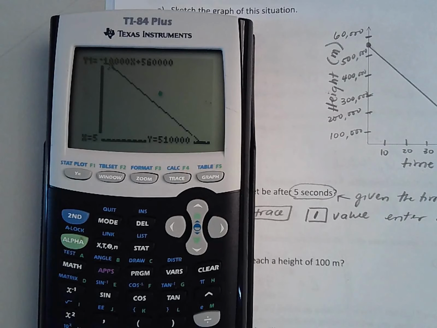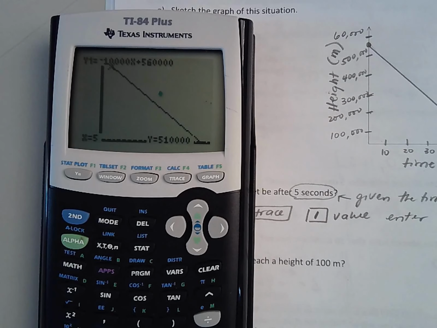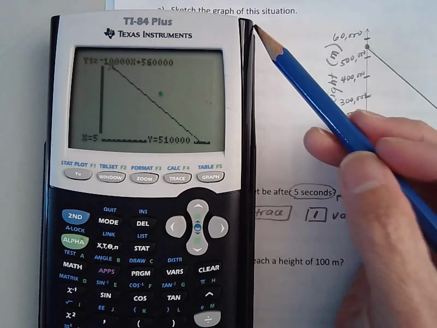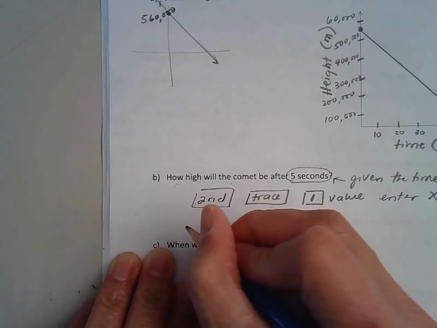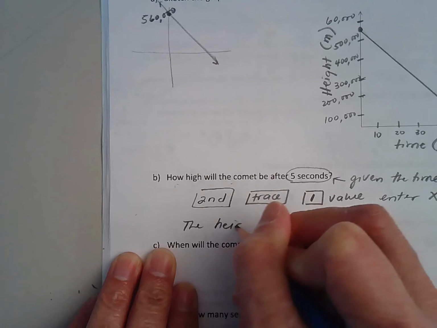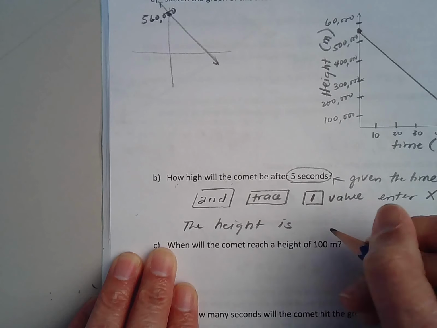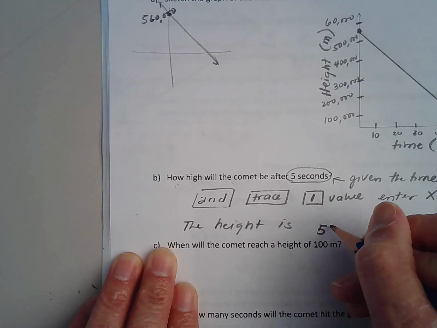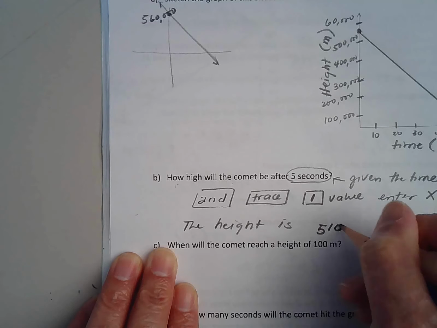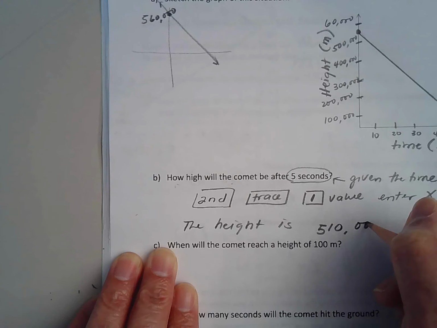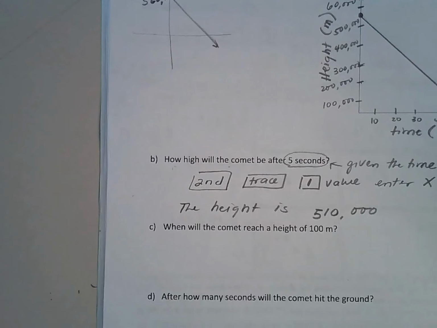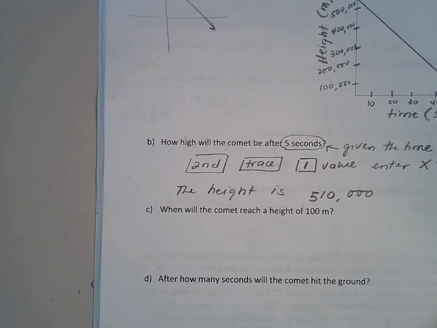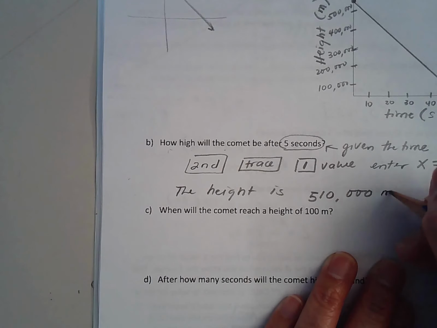Oh, battery. Okay, so now it's saying at 5 seconds, the height is 510, meters. 510,000 meters.